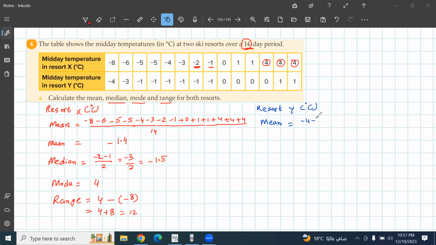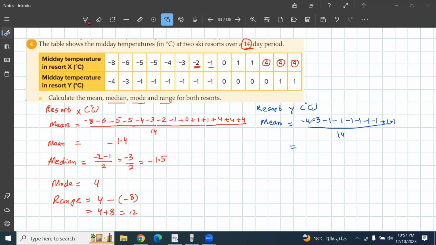So we have -4, -3, -1, -1, -1, -1. There are many -1s: 1, 2, 3, 4, 5, 6, one more. Then we have no need to write 0, plus 1, plus 1, divided by 14.